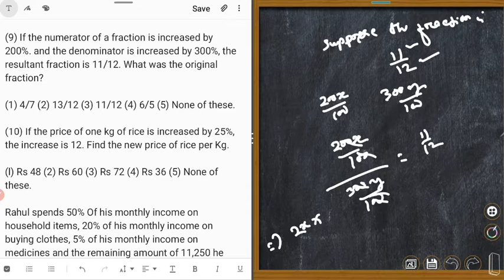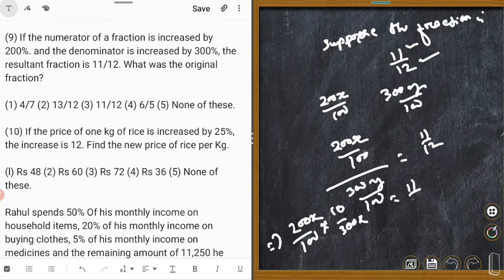Here 200x upon 100 into 100 upon 300y is equal to 11 upon 12. The 100s cancel, the 200 cancels, x cancels, that means 2 upon 3 is equal to 11 upon 12, that is 4.